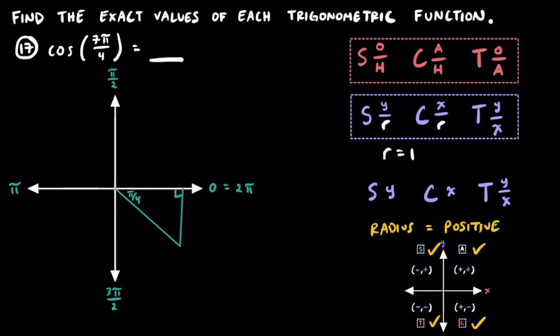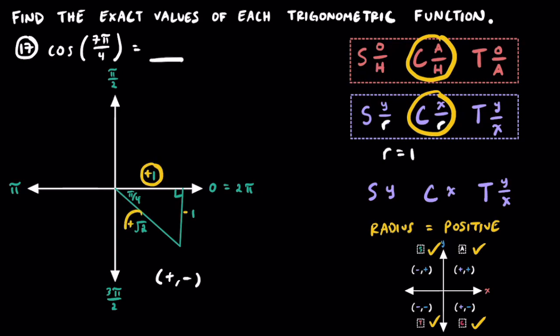And so this is another special one. And we have a ratio of 1 to the square root of 2. And we are in quadrant 4, which means we have a positive x and a negative y. So here's our positive x, here's our negative y, positive radius always. And so cosine of this is going to be the x, or the adjacent. And so we have our x value over our r value.